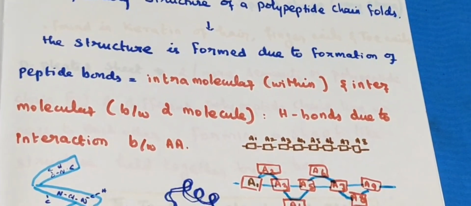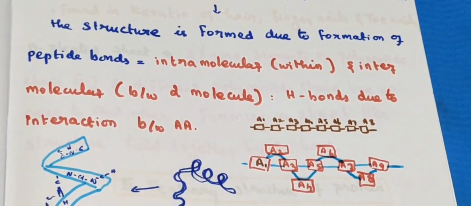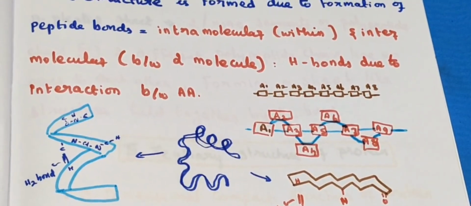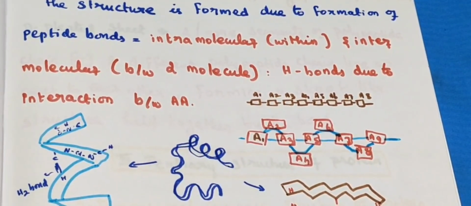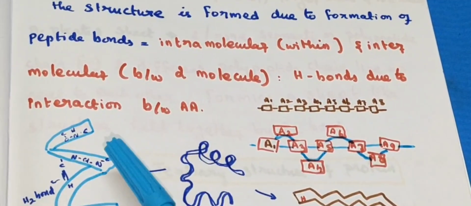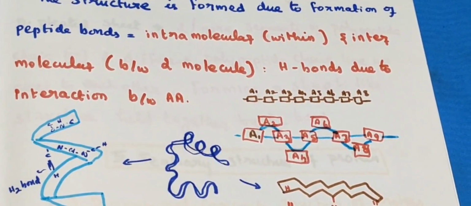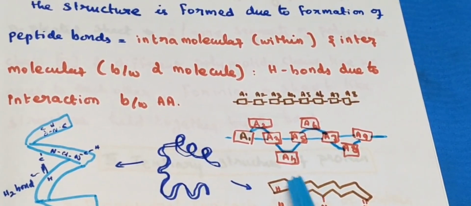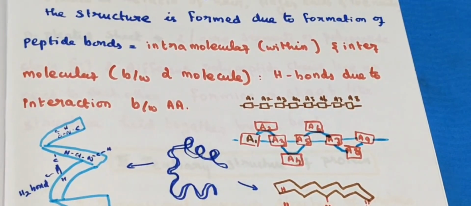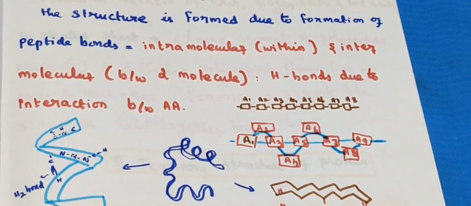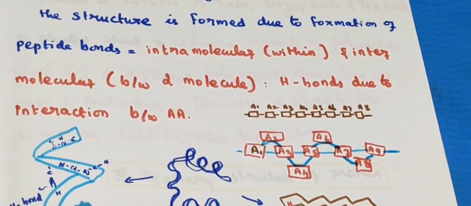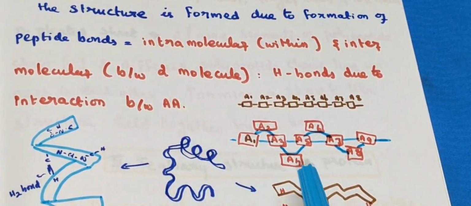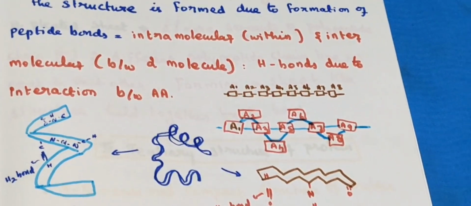This structure is formed due to hydrogen bonding between amino acids. Here there are two types of bonding: intramolecular, within the molecule, and intermolecular, between two molecules.